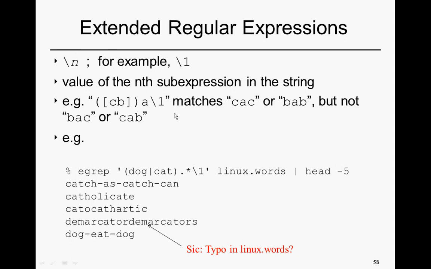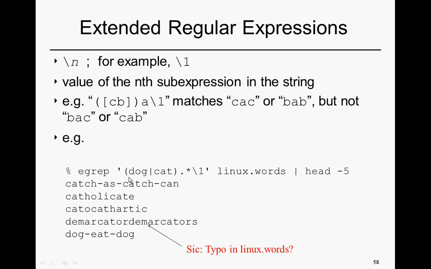So it will match, for example, if this matched C, then we'll get to A, and then it has to match whatever was matched there, so C again. Or if this matched B, get to A, match that, and then it has to match B again, because that was matched before. So if we have something like this, what does this do?